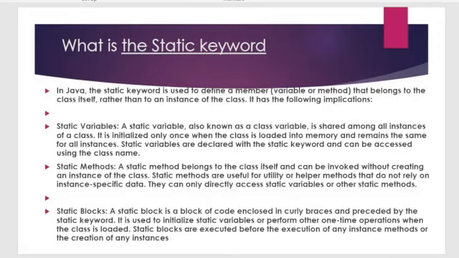Okay. Then next we'll see what is the static method. A static method belongs to the class itself and can be invoked without creating an instance of the class. Static methods are useful for utility helper methods that do not rely on instance-specific data.